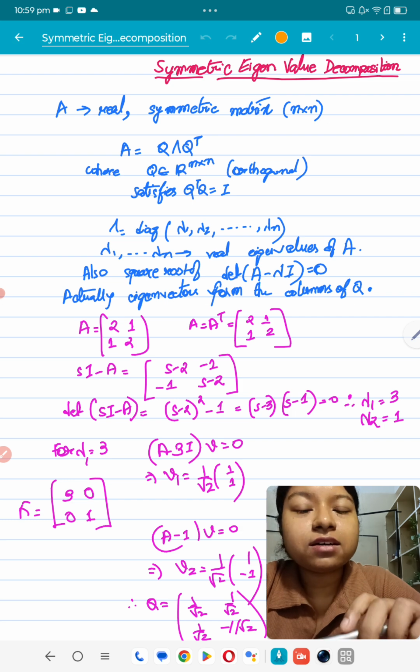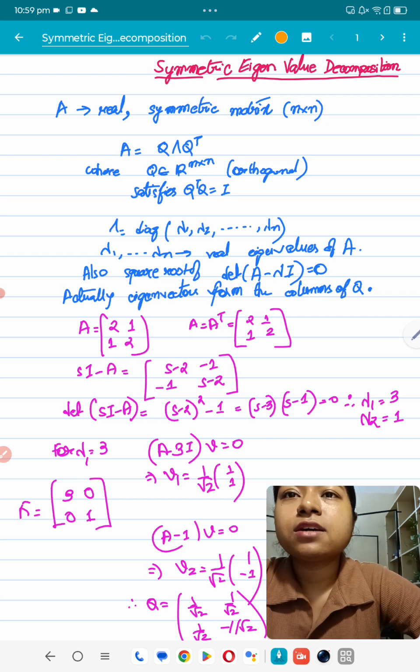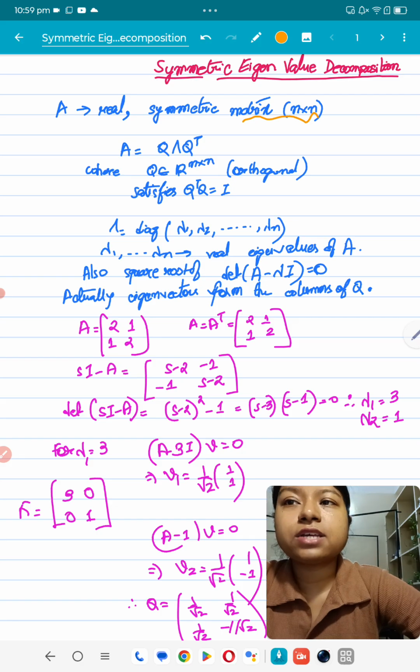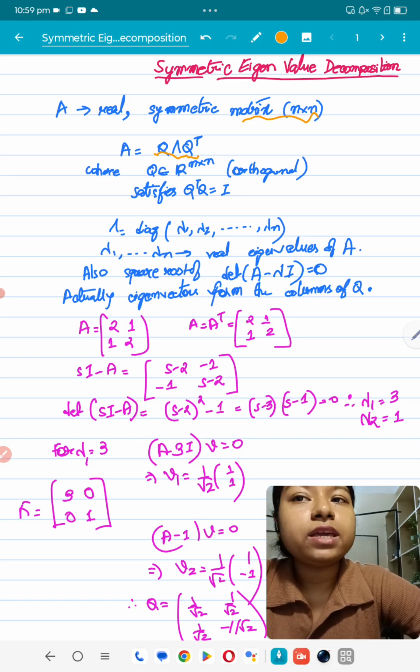So let A be a real and symmetric matrix, n cross n. Then A, according to EVD, can be decomposed into Q lambda Q transpose, where Q is an orthogonal matrix belonging to R n cross n.